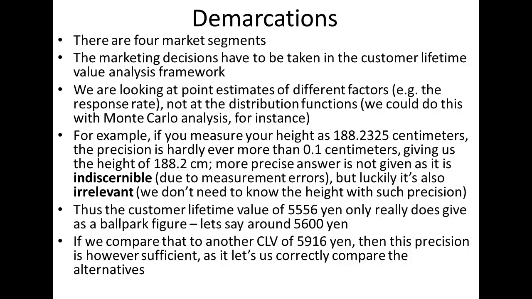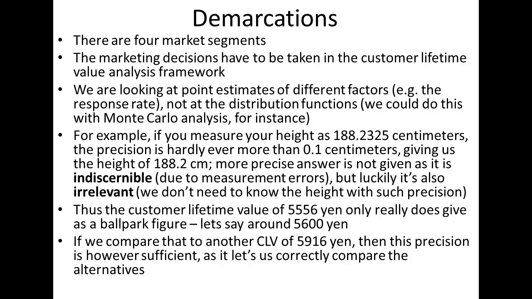Now we didn't do that, and now we have to consider some things as a result. For example, if you measure your height and you get the result that your height is 188.2325 centimeters, then the precision of such a measurement is hardly ever more than 0.1 centimeters, which gives us a height of 188.2 centimeters. If we want a more precise answer, it's not possible, because it's indiscernible, because there are measurement errors.